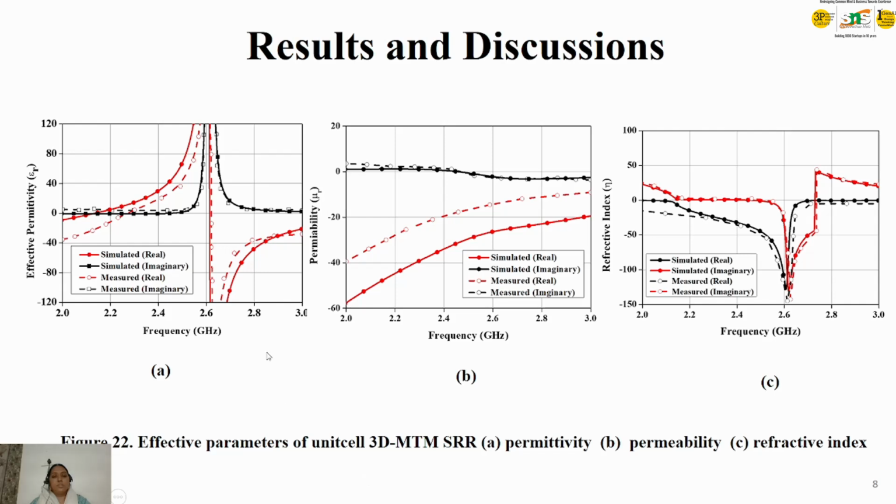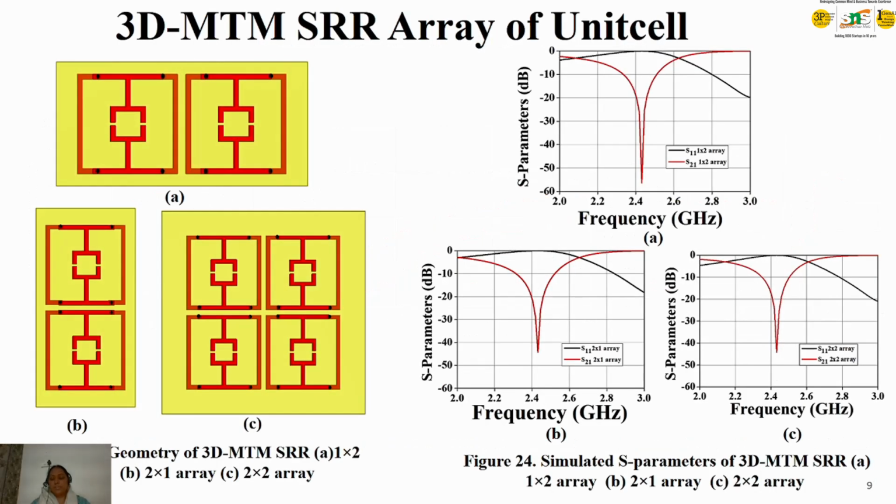What we have seen already is that the unit cell parameters are permittivity and permeability for metamaterial. So this structure is a mu-negative structure, that is, a negative permeability structure, and we have a negative refractive index also.